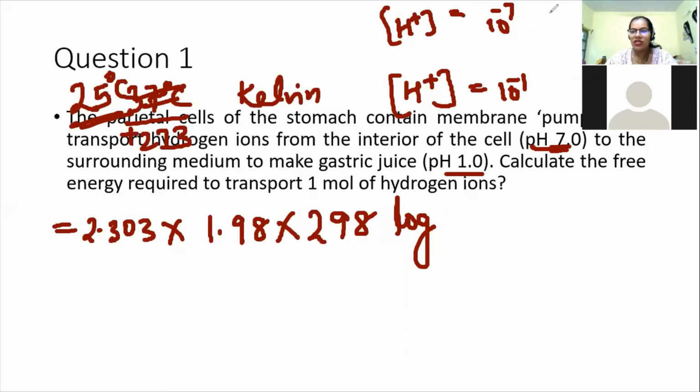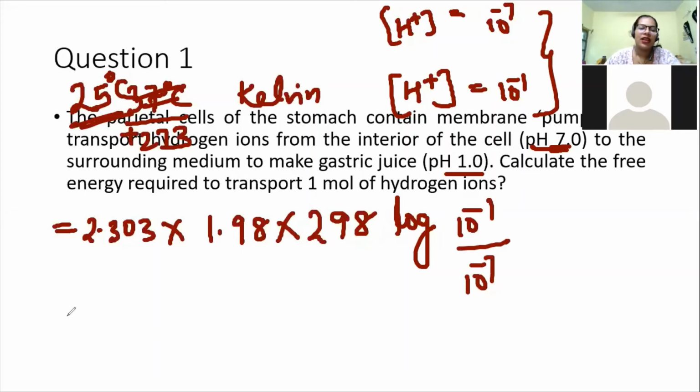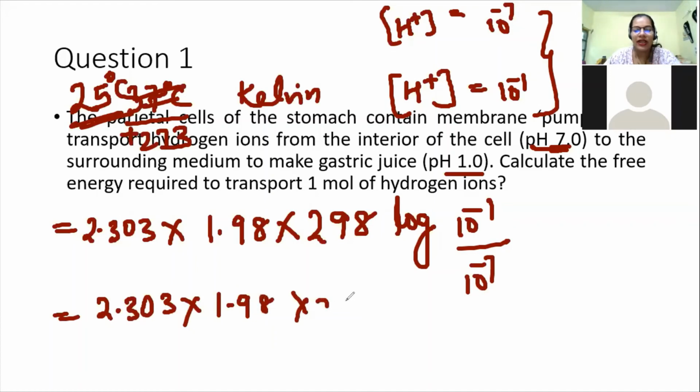So this is how you write the H plus concentration. Now I have the values. I can put 10 raised to minus 1 and 10 raised to minus 7. Now when I solve, I get 2.303 into 1.98 into 298, and then log 10 raised to 6. Correct?